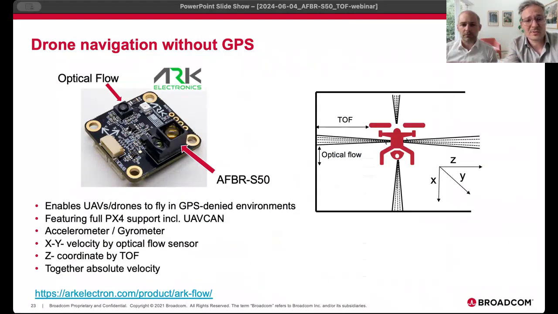It also comes with an accelerometer, a gyrometer, and an optical flow sensor, with the TOF for the Z coordinate and the optical flow sensor for the XY coordinate. Altogether they give you a measure for the absolute velocity. This is quite a comprehensive part which can be purchased.